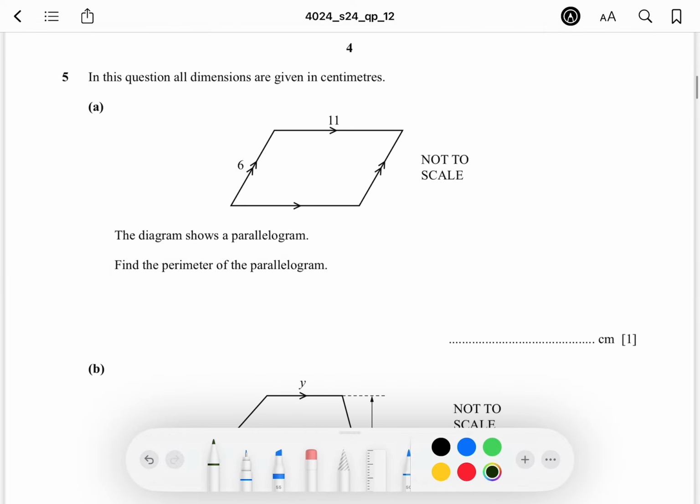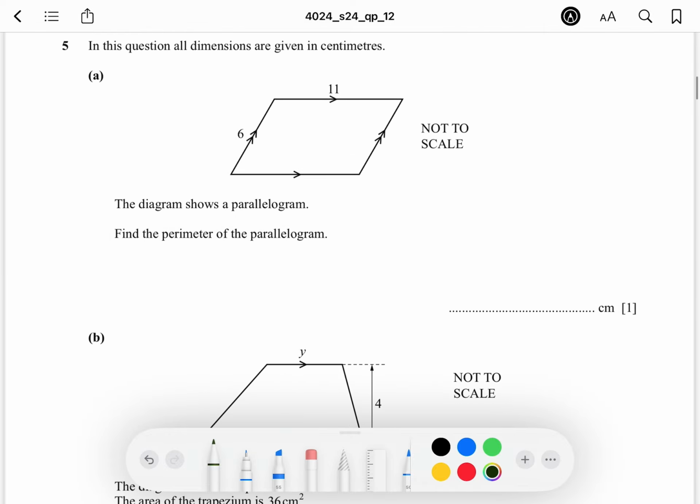So far so good. The diagram shows a parallelogram. Besides the characteristics given here, a parallelogram has 2 pairs of parallel sides. It has 2 pairs of equal sides as well. So that means that's 11, that's 6. Most of you are able to do this one. Total is 34.